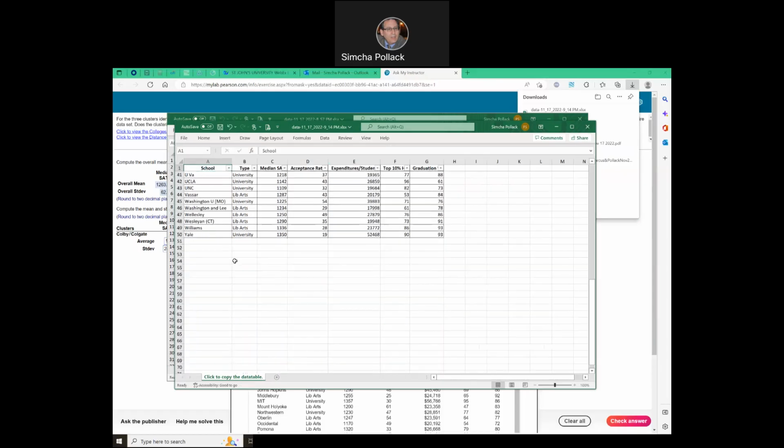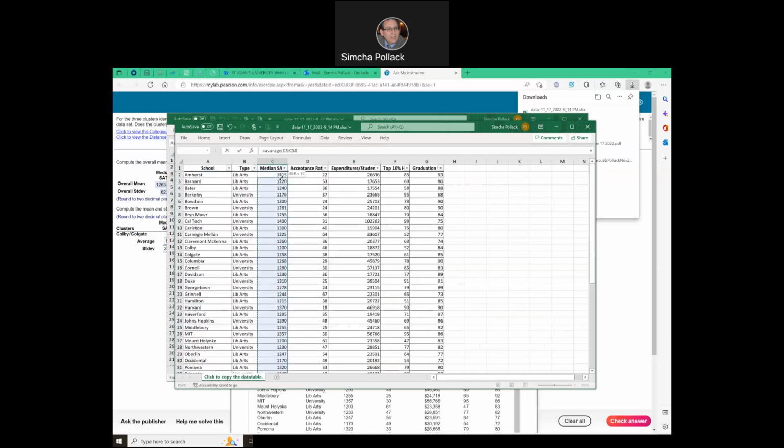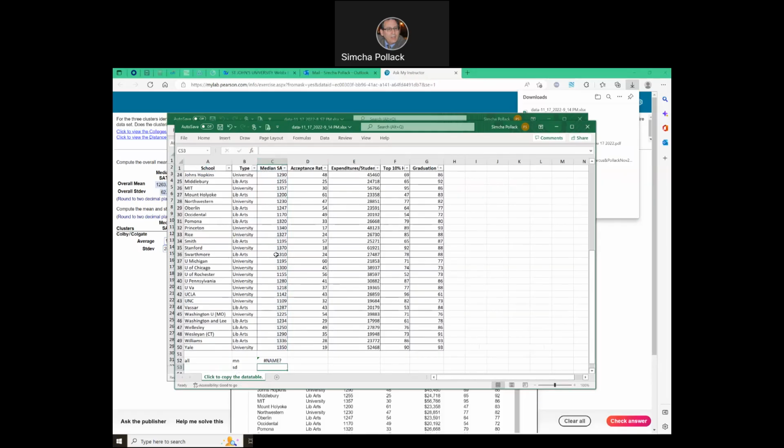The first step is to get the average of all. We want the average, call it the mean, and eventually we're going to need the standard deviation. This is equal to the average, which should be relatively easy to calculate. Enter. It wasn't so easy, I messed it up.